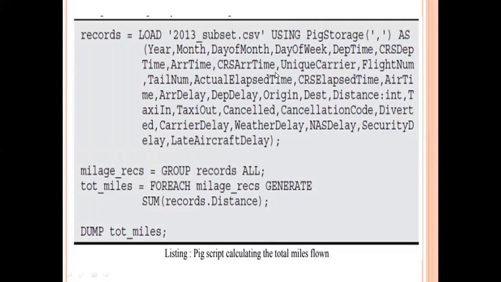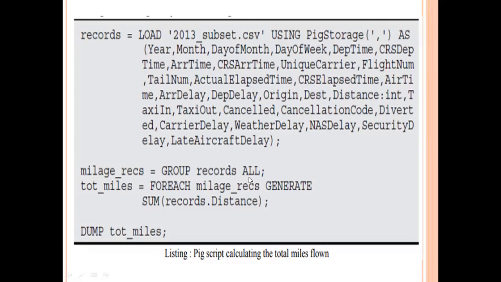So what are we going to find out of this? We are going to find the distance. How much distance the flight covered, we find using a Pig Latin statement. Mileage underscore rec is a variable name we use, and group record all.